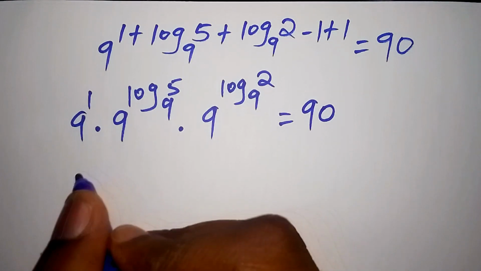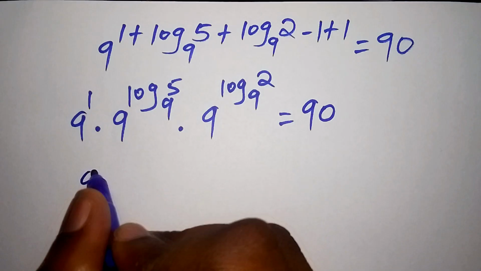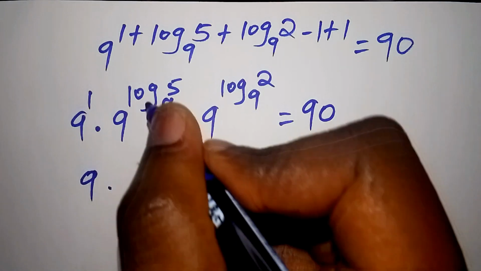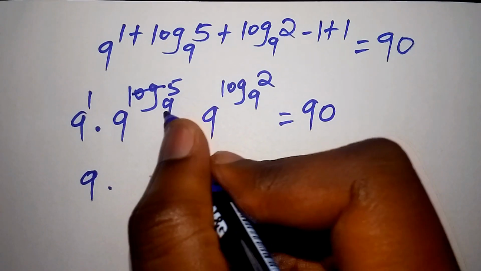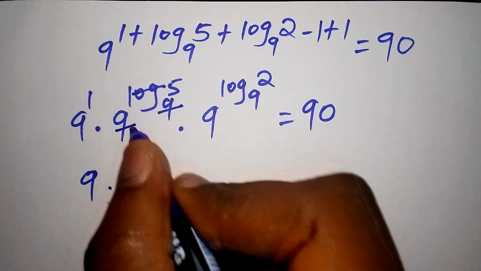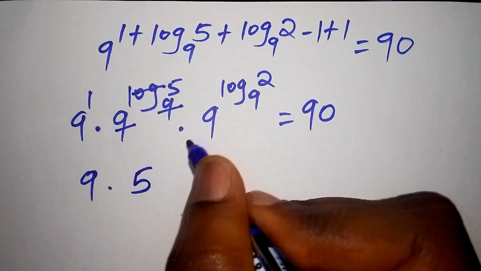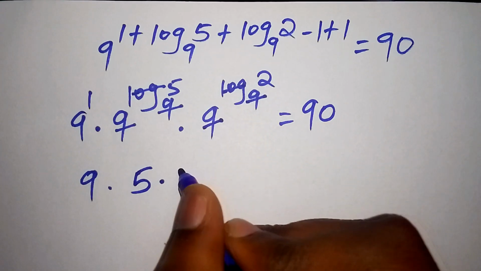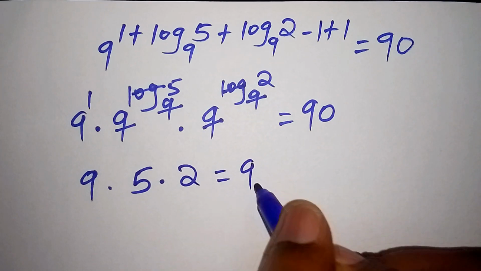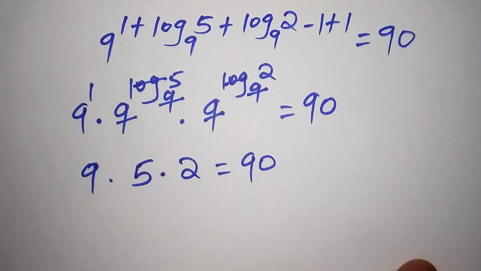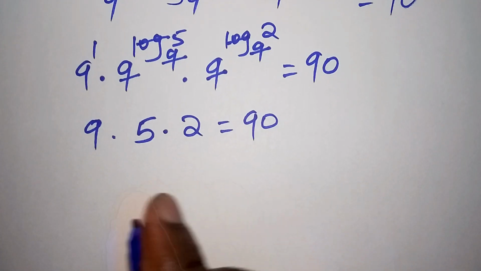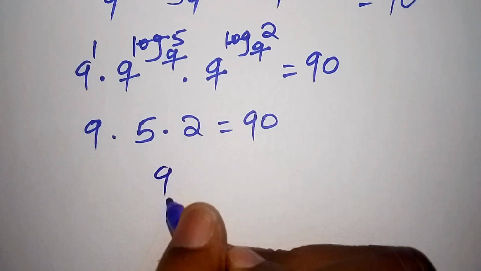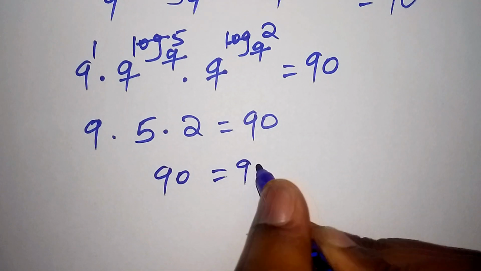So here 9 to the power of 1 becomes 9, multiplied by 5, since the log to the base of 9 cancels this 9, then multiplied by 2, since the log to the base of 9 cancels this 9, equals 90. So 9 multiplied by 5 is 45, then 45 multiplied by 2 is 90. So now the result is 90 equals 90.